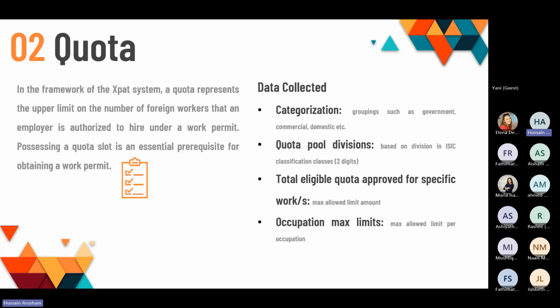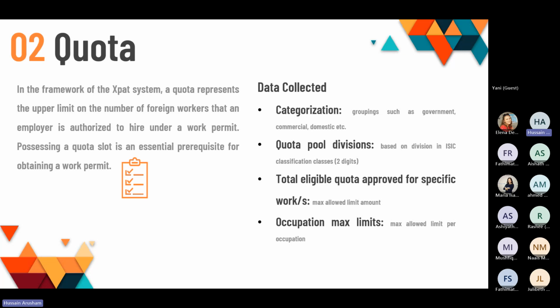We identify the category of where we are issuing the quota, whether it's a government authority, a commercial business, or domestic employers such as domestic households. For example, they're bringing a nanny or a domestic helper to help them with their housework.